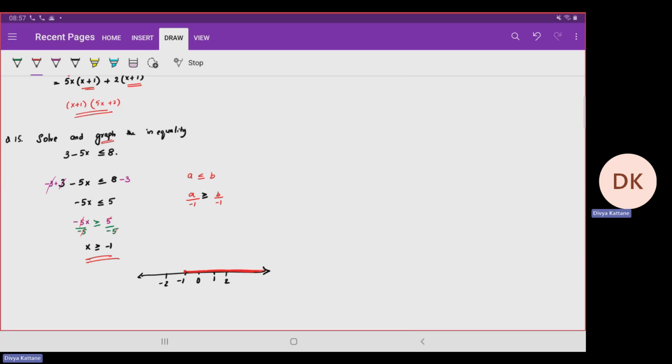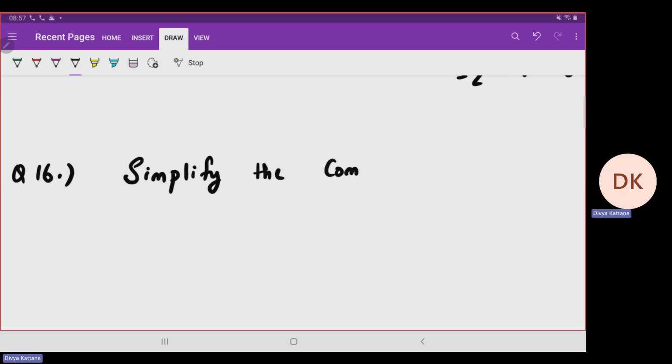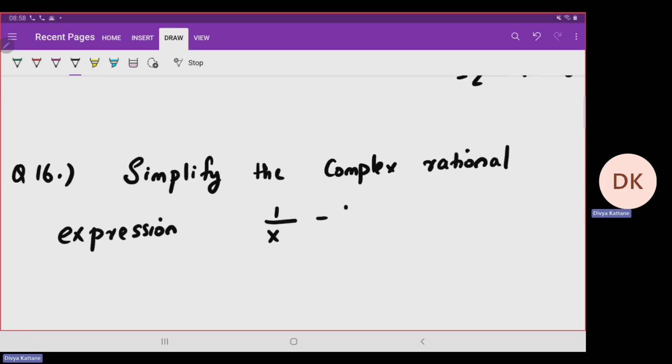Now the next problem is: simplify the complex rational expression, 1 by x minus 1 by y over y by x plus x by y.